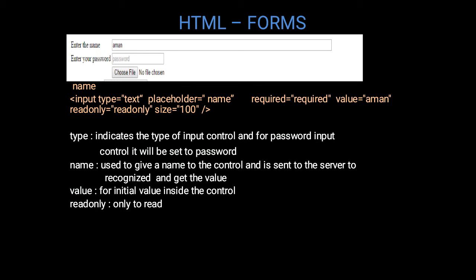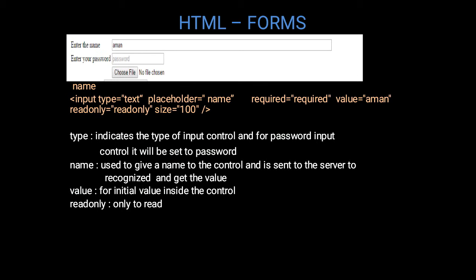And then value equals Aman is the initial value inside the control. It is like a default value. If you want all the names to be user, you can simply define value equals user. If someone wants to edit, they can edit. But when I have just written readonly, it won't let you write, it will only read.